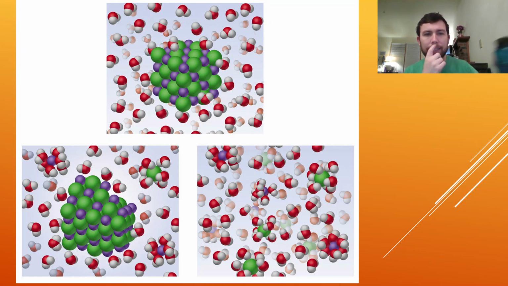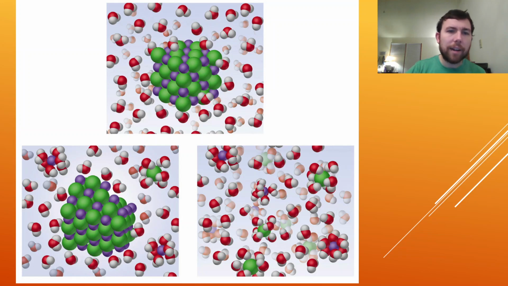What you can see here from these images, if we start in the topmost image, is that the green and purple spheres represent sodium chloride, and the red and white balls represent the water molecules. This is the initial phase at which the solution is being formed. At this point, the sodium chloride is being surrounded by water.